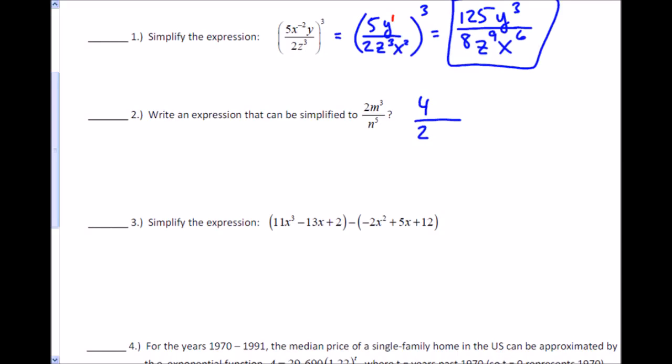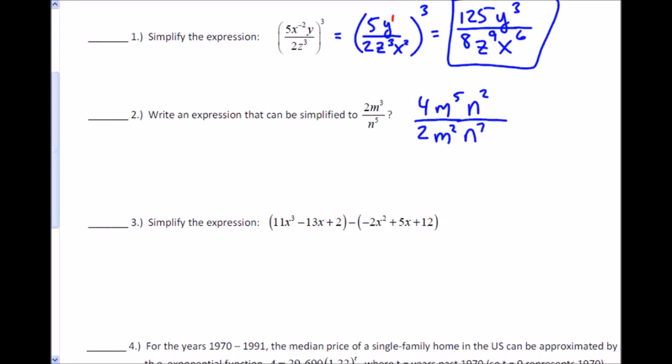From m to the third, we could use some kind of division also. Maybe an m to the fifth divided by an m to the second. All right. For something like an n to the fifth, to get an n to the fifth in the denominator, we'd have to have something like an n to the, let's say, seventh, and maybe an n to the second up here. So just think about how these things would cancel.